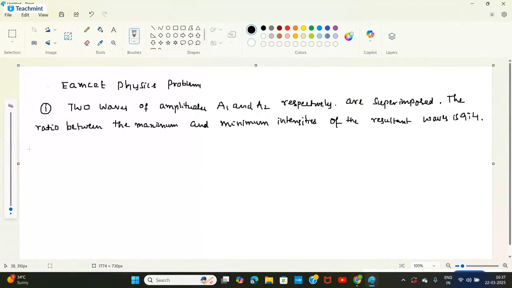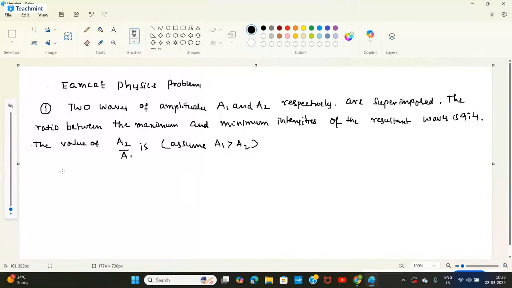The value of A2 by A1 is, assume A1 is greater than A2.